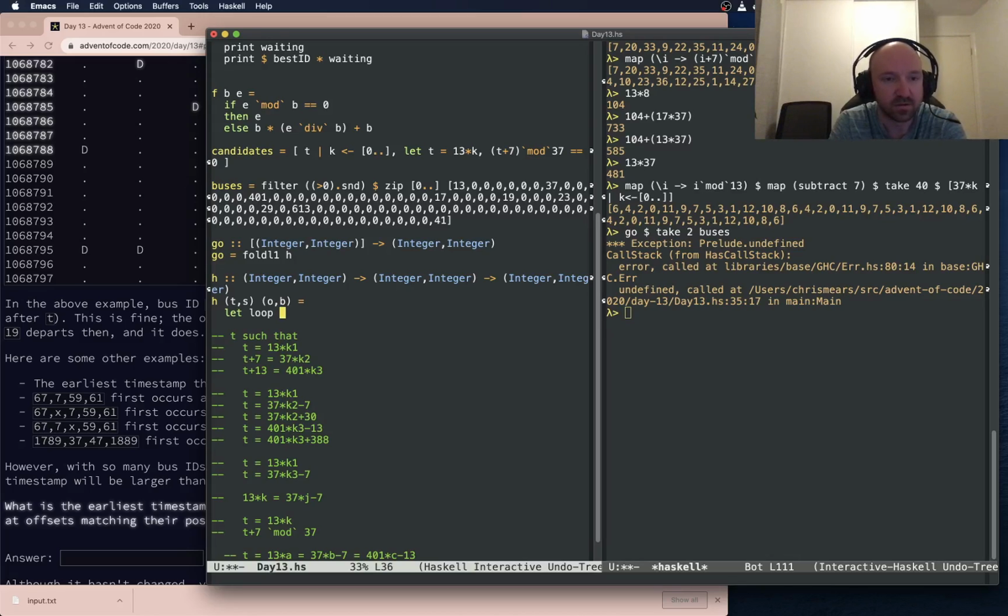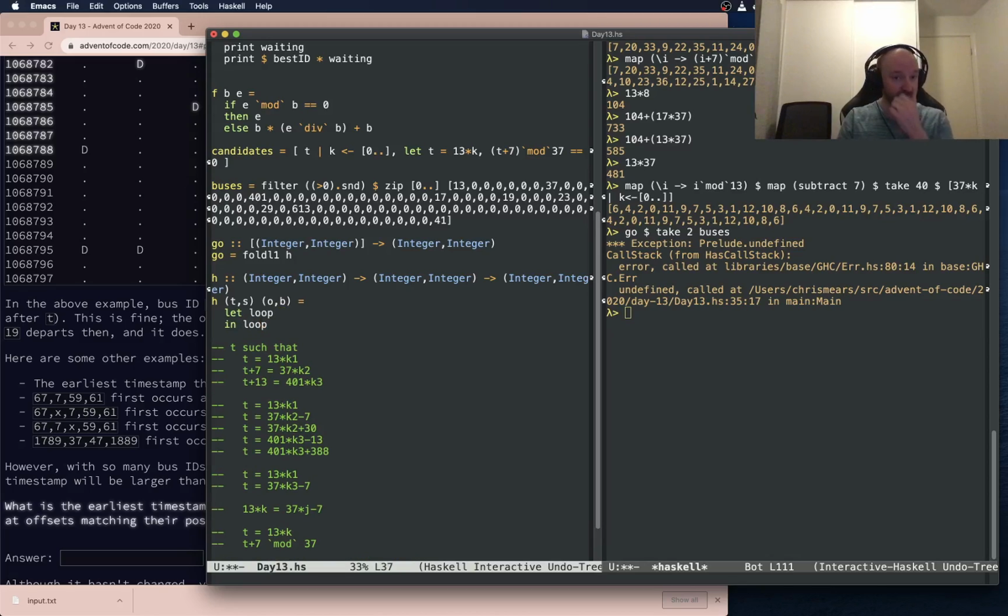Instead of thinking too hard, let's just try and write down what comes to mind. So we're going to loop. We're going to start at T. So we're currently at T prime, right?